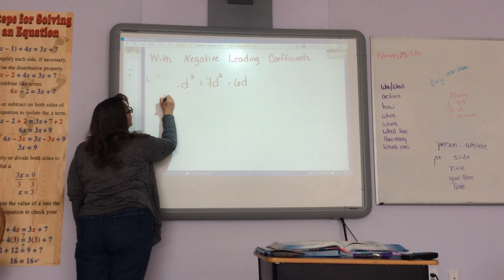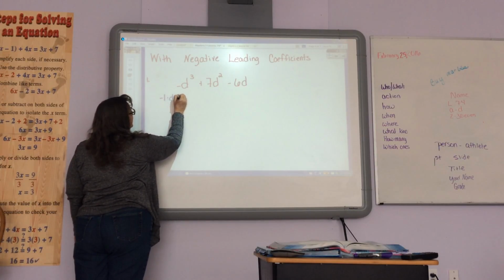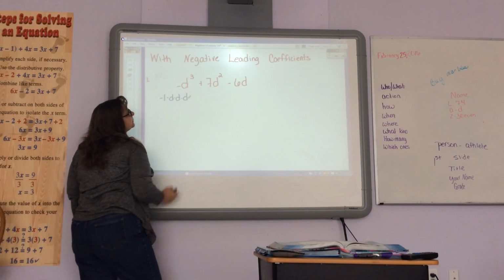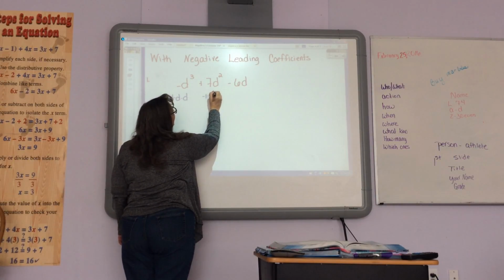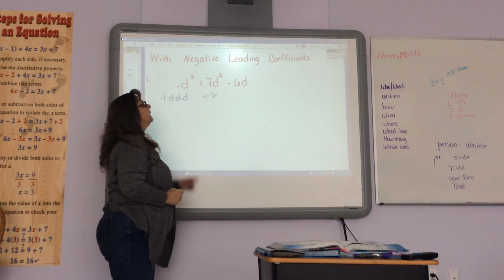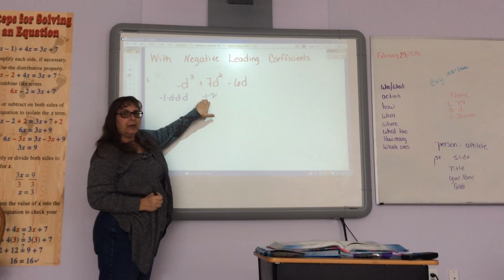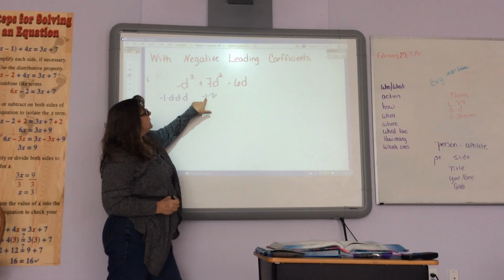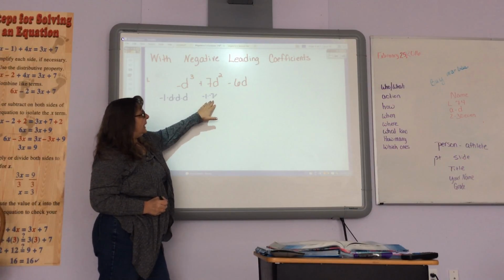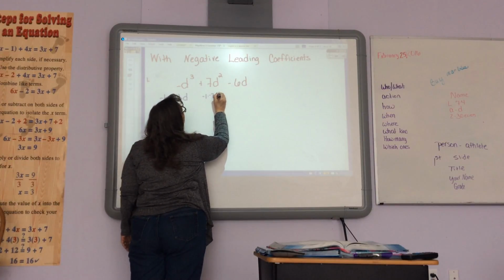This would be negative 1 times 3d's. This would be negative 1 times a negative 7. I want to take out that negative 1, so I need the negative 1 present. So what times negative 1 is 7? Negative 7 times 2d's.